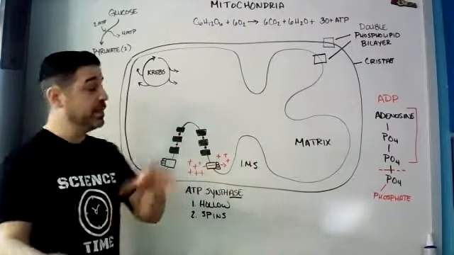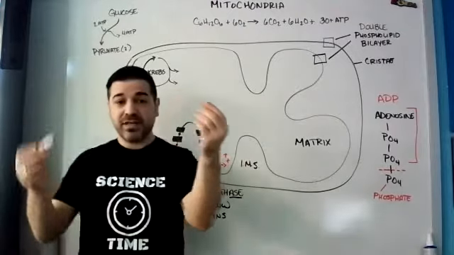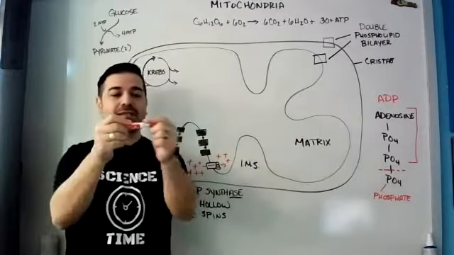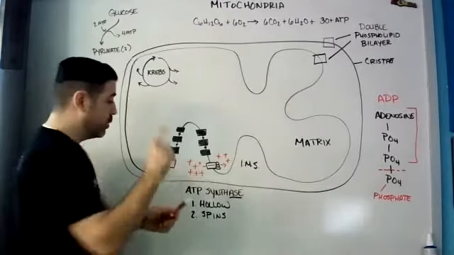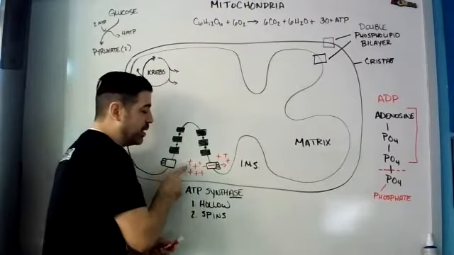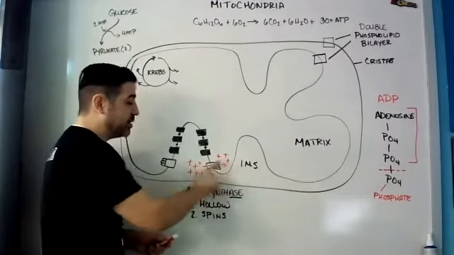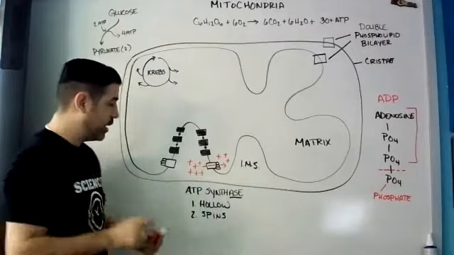And we want it to spin because spinning takes that phosphate and that ADP and slams them together to create ATP. So we're going to make it spin by having protons go through it from the IMS to the matrix.